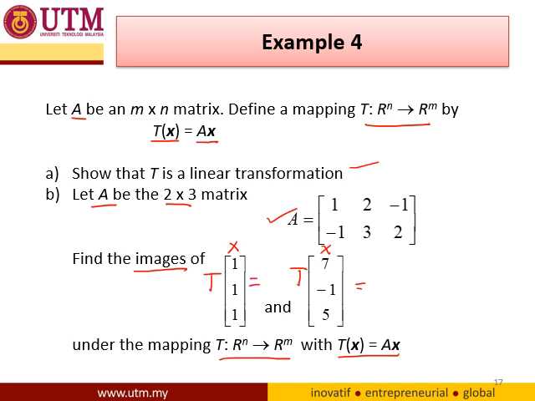We know that T(x) equals the matrix times x. Alright, this is the mapping that we need to solve. This is the x, and the results will be the images.